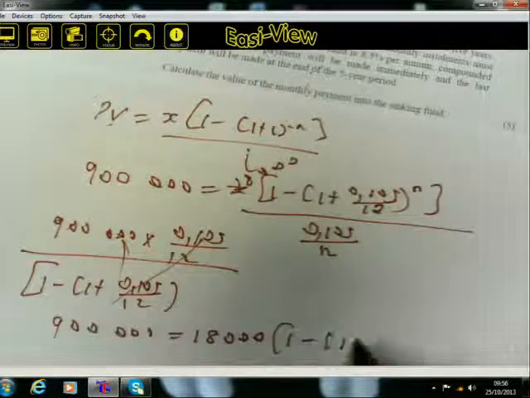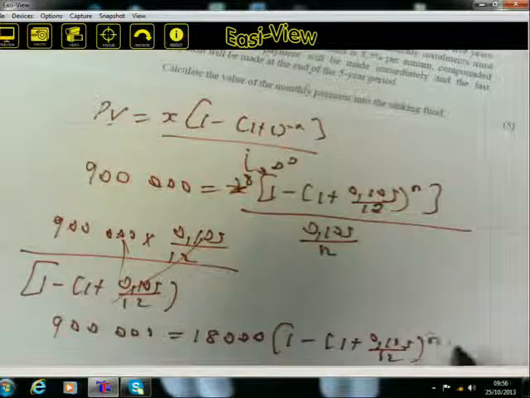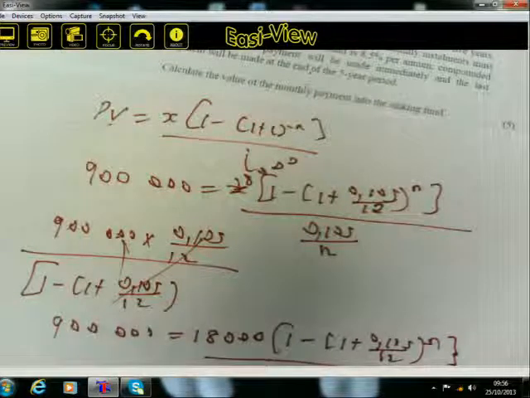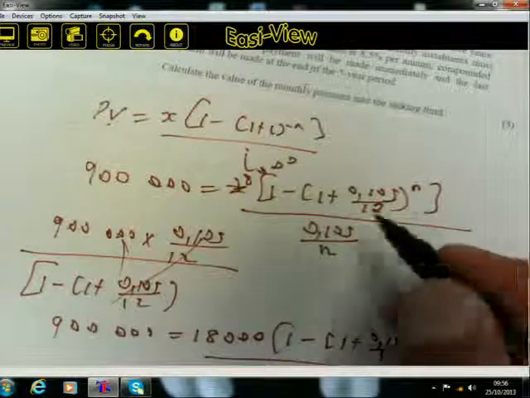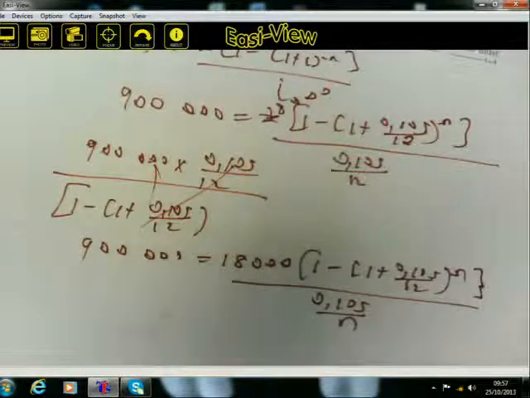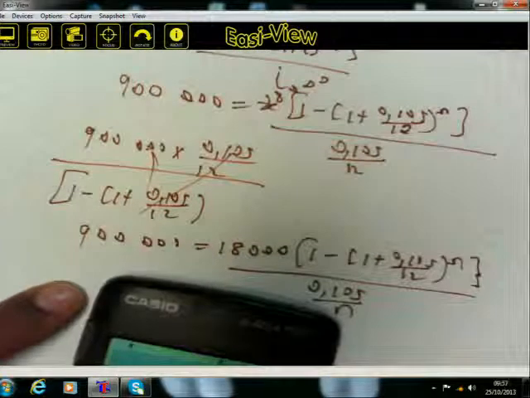1 minus (1 plus 0.105 divided by 12) to the power of negative n, and then I divide it by 0.105 over 12. That's correct. And then from this one, you do your cross multiplication. I'm looking at our time now. When you do the cross multiplication, I'll do it on the calculator.